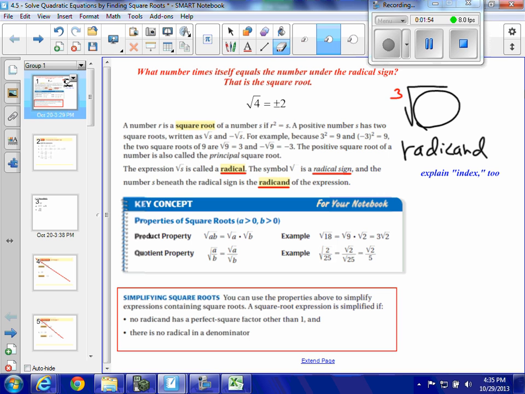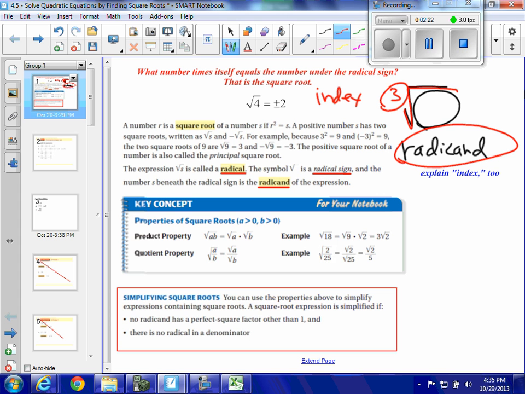When there is no number there, when it is blank, we assume it's a 2, and that we're asking for a square root. But sometimes it is a different number, like a 3 or a 4. That number is called the index. So 3 terms you need to know: radical sign, radicand, and index.